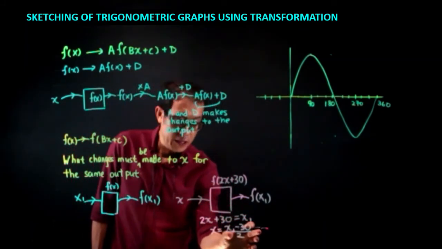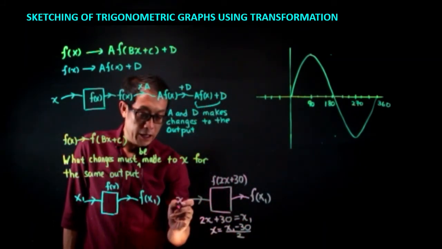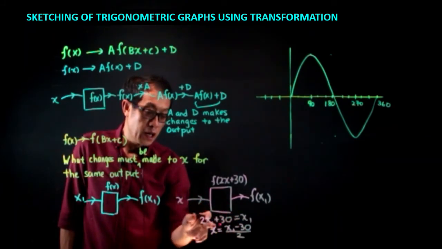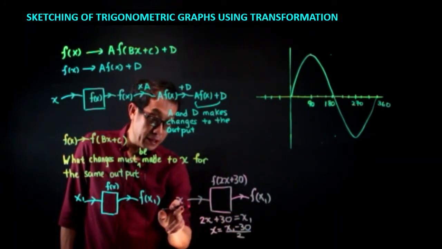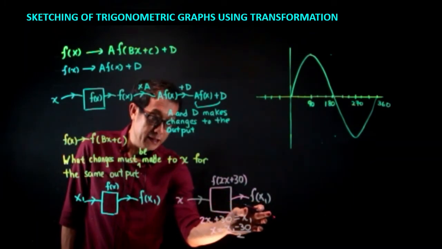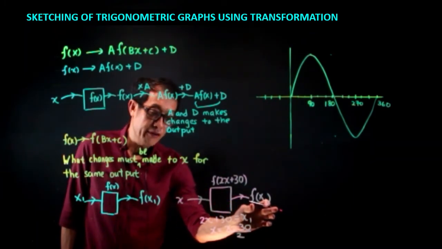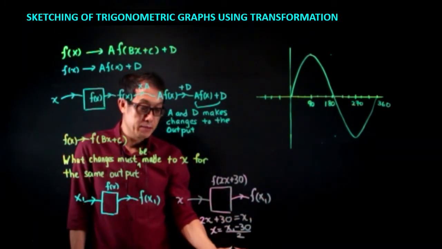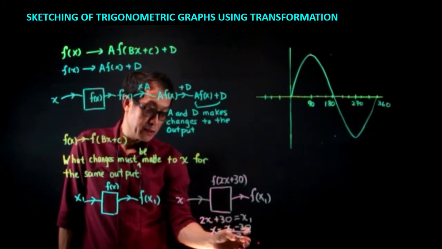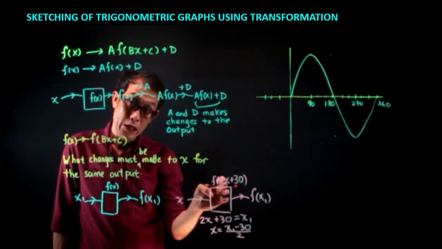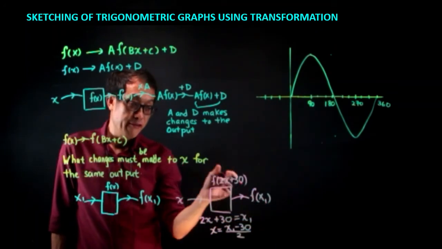That means you must put x1 minus 30 divided by 2 into the input, and then you will get f of x1.